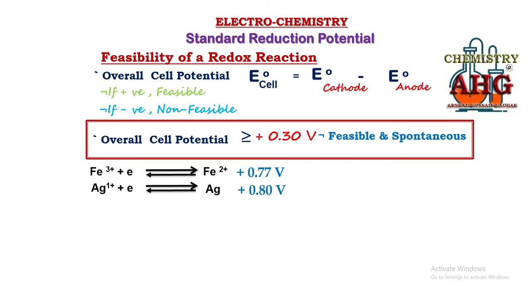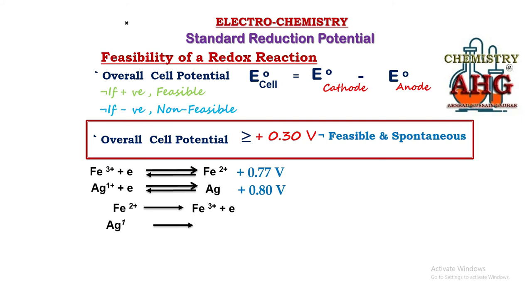What happens during anode? Oxidation takes place in the anode half cell, and during oxidation the reaction of the anode half cell is reversed. What does this mean? The reactants must become products, and the products must become reactants. So for the iron half cell, the chemical equation will be Fe2+ oxidized to Fe3+ by the loss of an electron. And for the silver half cell, since it must act as the cathode where reduction will take place, the chemical equation will remain unchanged.